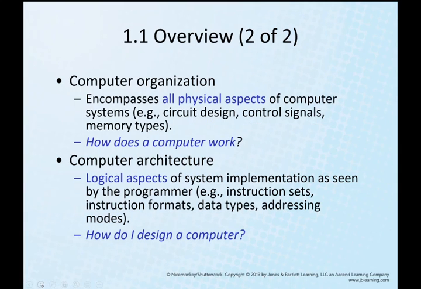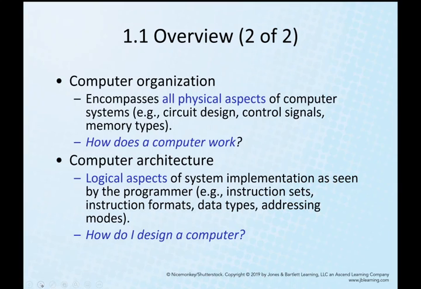Okay, but we talked about computer organization and computer architecture as the same concept so far, but what is the actual difference between these two concepts? What is the difference between computer organization and computer architecture?